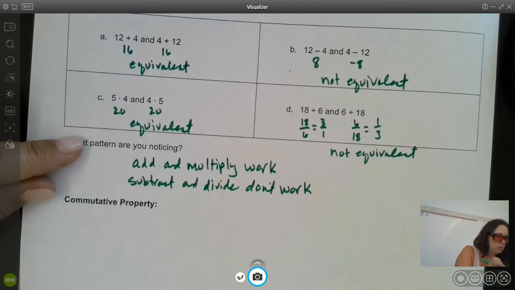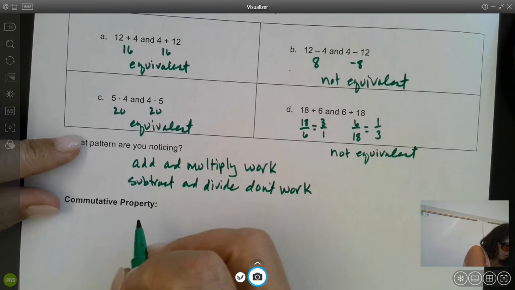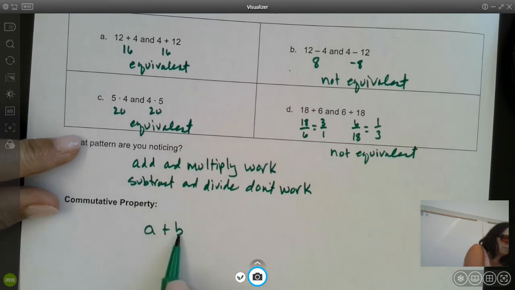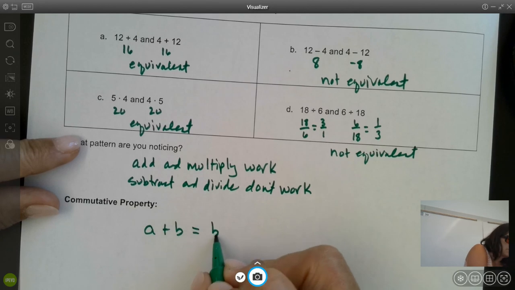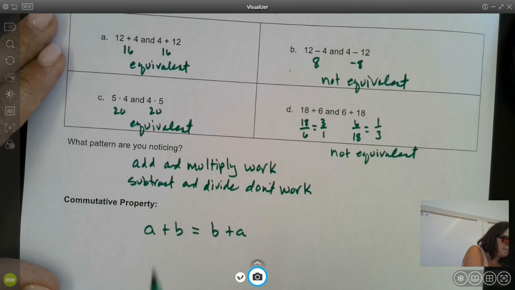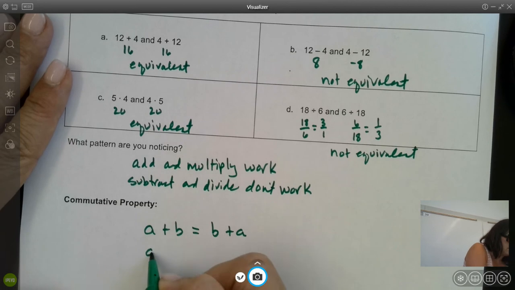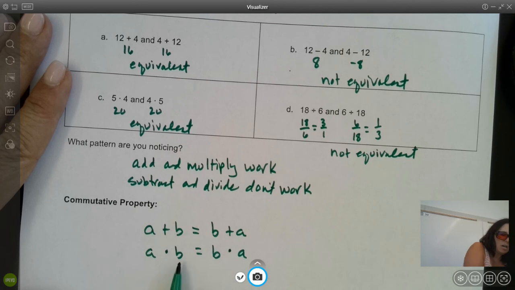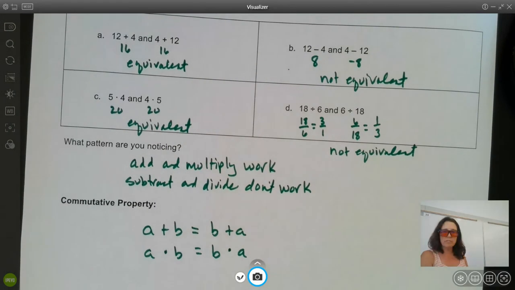There are two. There's the commutative property of addition that says any number plus a different number equals the reverse of that. And then there is a times b equals b times a. Any number times another number equals the reverse. Okay, that is the commutative property.